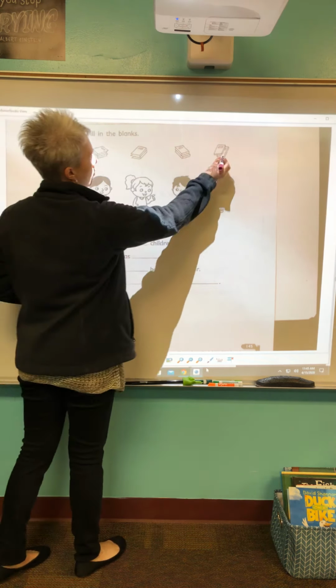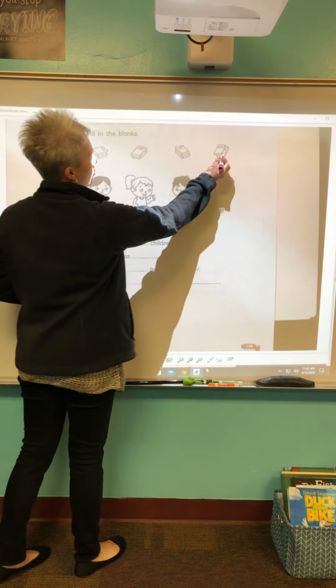The children are all together. It says how many books. So we're adding up all of our books. So we have groups of 2. Let's circle up our groups. We have groups of 2. Now we're big first graders, so we can count by 2s. Let's count them. 2, 4, 6, 8. There are 8 books all together.